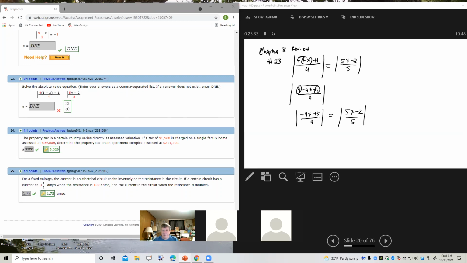So I can do that before I do anything else. Why would I want to do that? Because otherwise, when I split it up into my two equations, I'm going to have to simplify that whole thing two different times in two different equations.